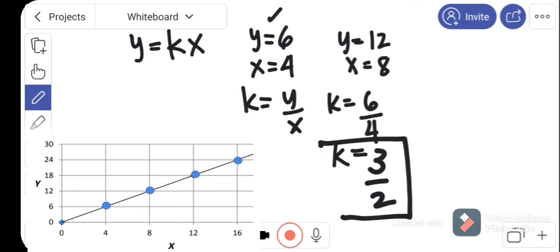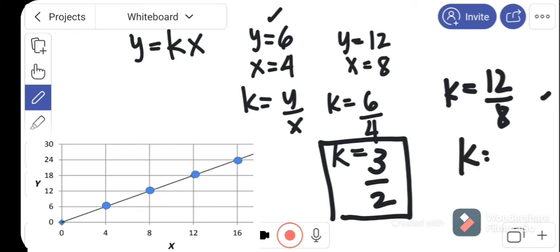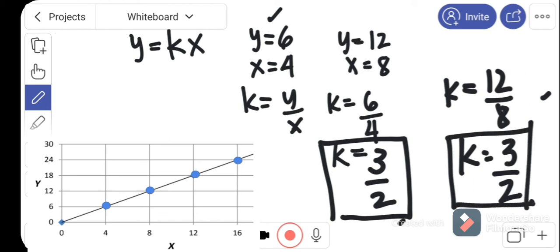Let's take the k for the next set to see if they are the same. That would be k is equal to 12/8. GCF is 4. 12 divided by 4 is equal to 3, and 8 divided by 4 is equal to 2. Therefore, they have the same values.